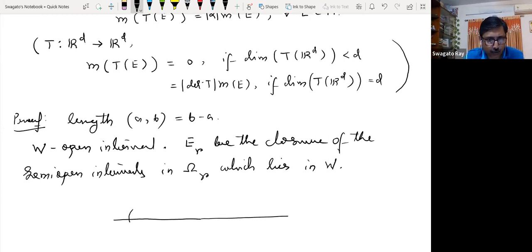This is your open interval W, and E_R may look something like this. It would be a closed interval, or maybe right side semi-open, but since you are taking closure, the right side will be closed. So let's call it E_R closure.